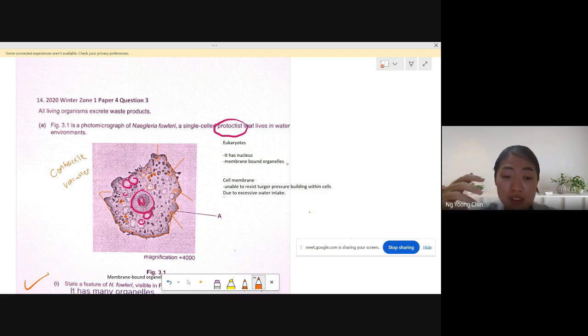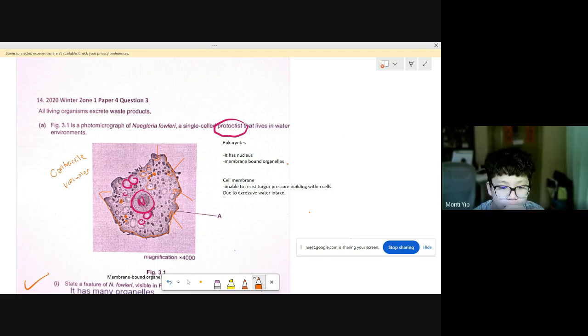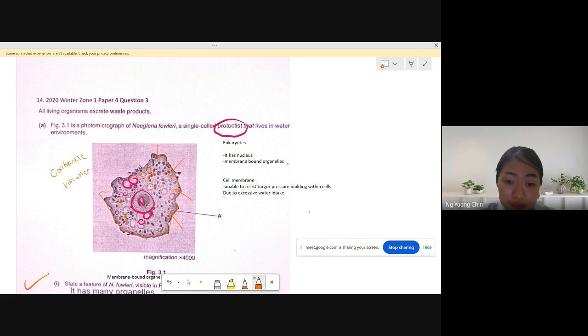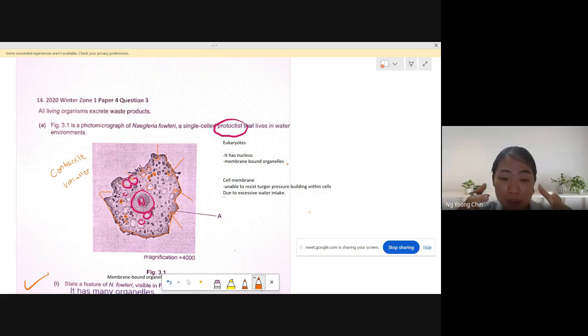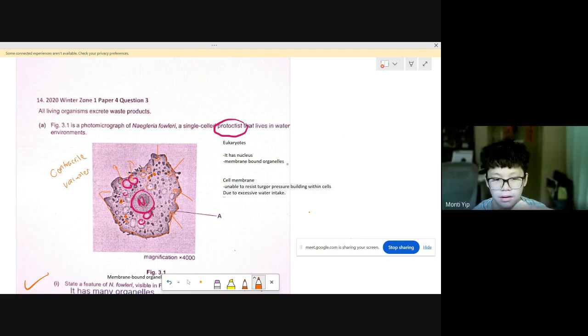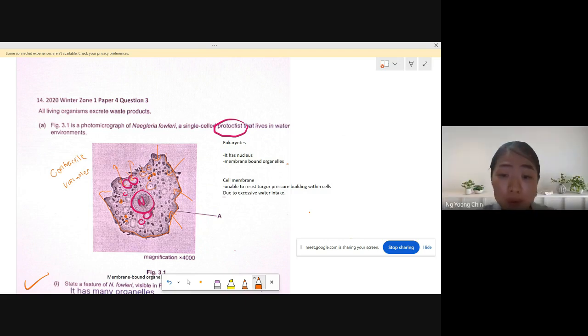When water diffuses inside the protist, the water will enter the vacuole, correct? If the vacuole gets too much water inside, it will contract, then release the extra water outside. The water will diffuse outside if there's too much water inside. This will prevent the protist from bursting.